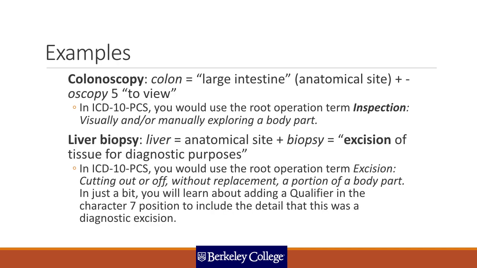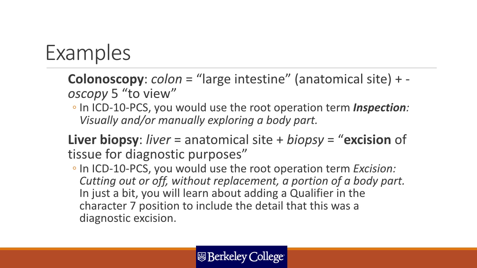Now, here are some examples of terms that you may be used to seeing either from CPT or from documentation and how you're going to interpret them into PCS terminology. So we know of a colonoscopy, and when we take that apart, like you learned in medical terminology class, you have the colon, which is the anatomical site, the large intestine, and then you have oscopy, which means to view.